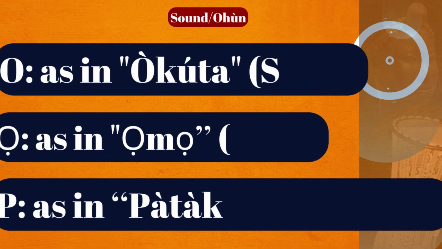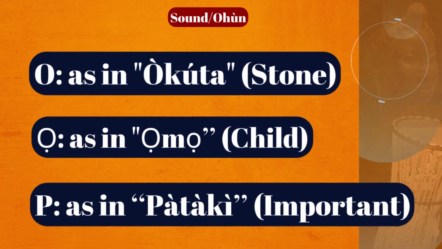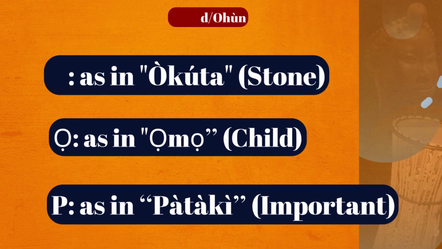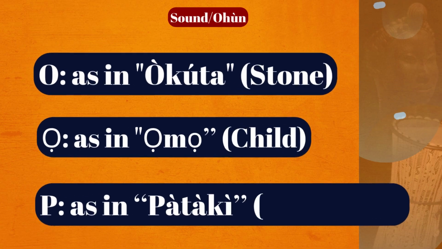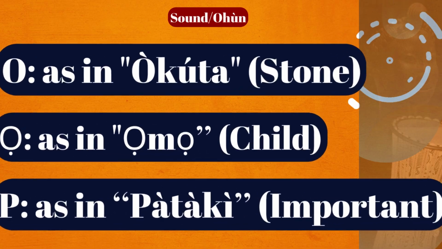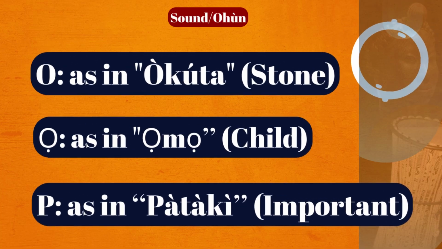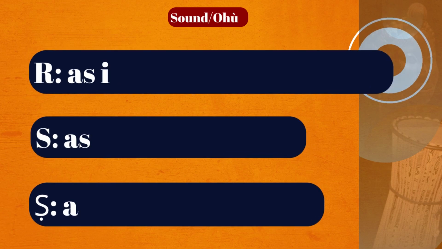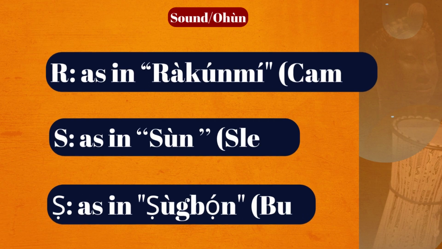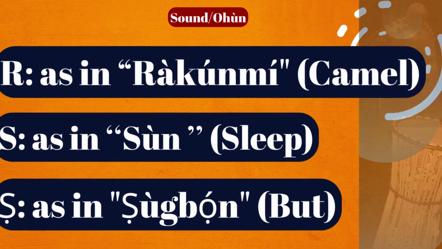P, as we have it in pàtàkì, meaning important. Then rí, ràkúnmí, meaning camel. Ràkúnmí, as in camel.